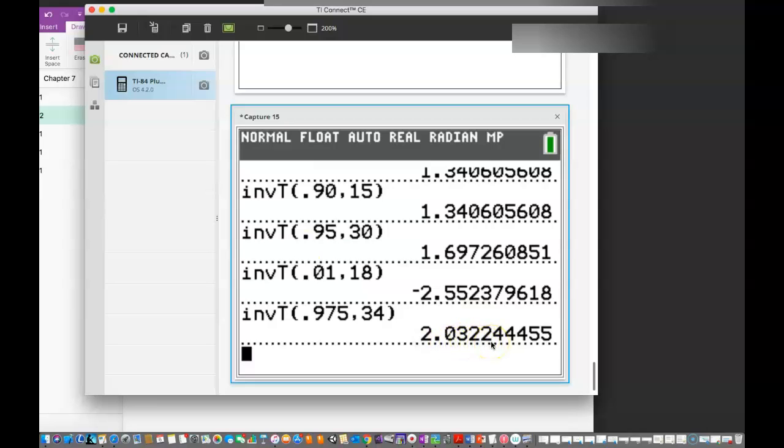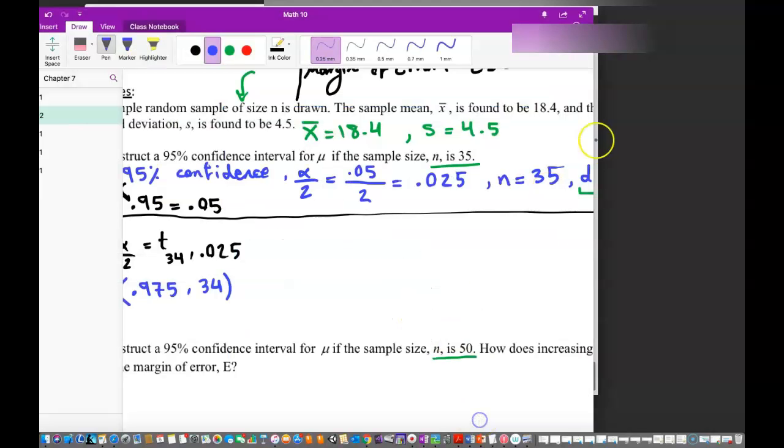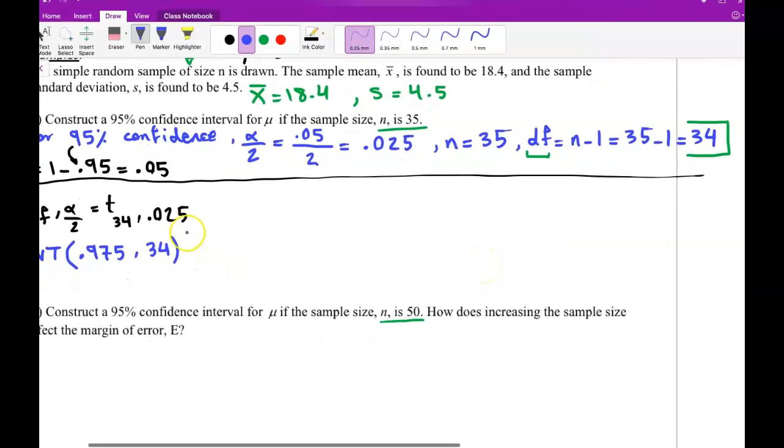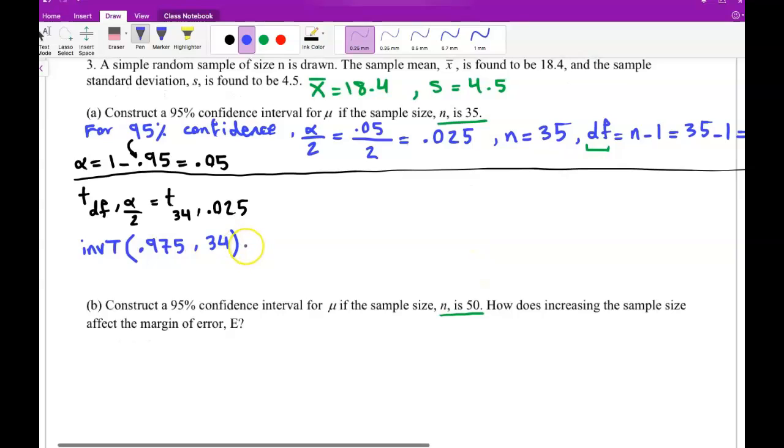Okay, I'm rounding to 3 decimals, so it's 2.032. So the answer for t here we got 2.032.